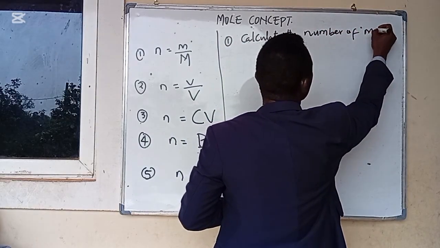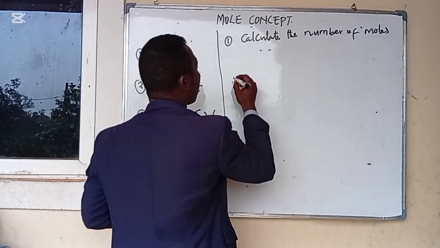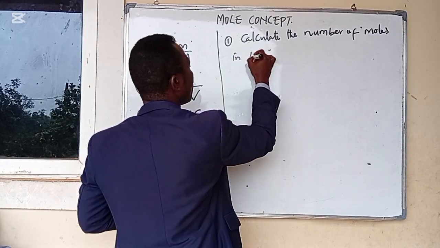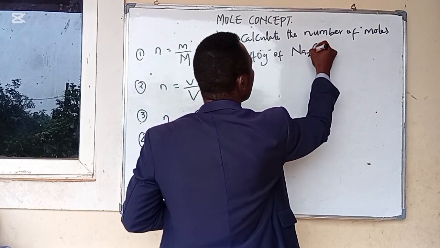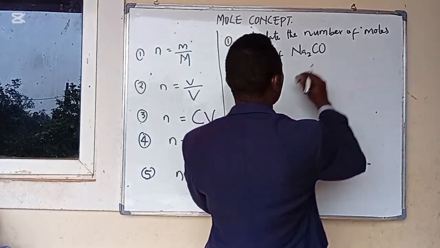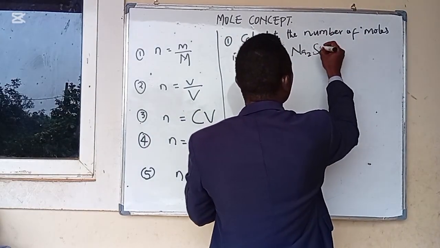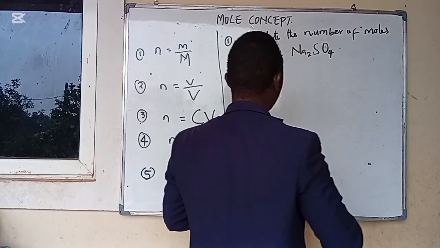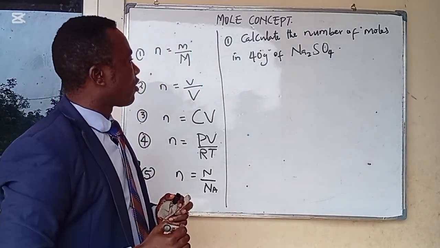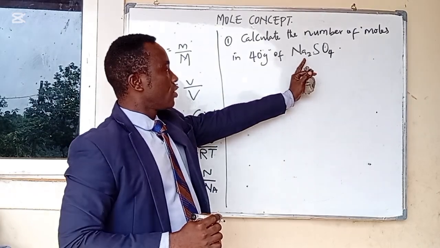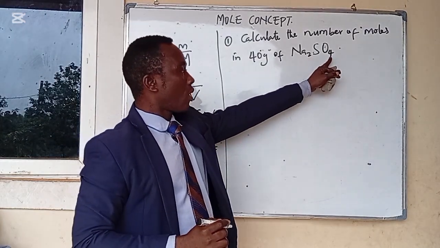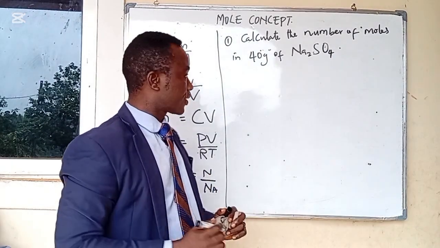Now question 1 says calculate the number of moles in 40 grams of Na2SO4. So we have to calculate the number of moles present in 40 grams of, this is what? Sodium tetraoxosulfate 6.